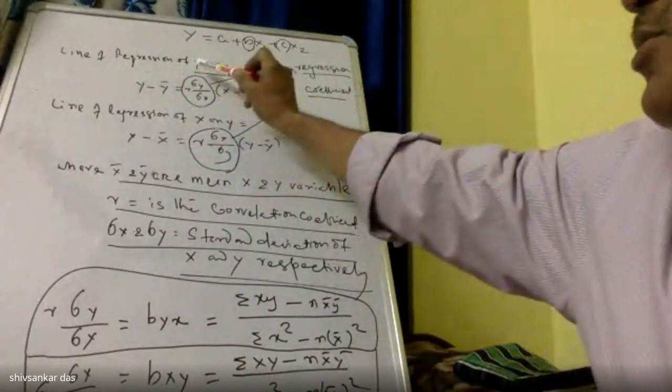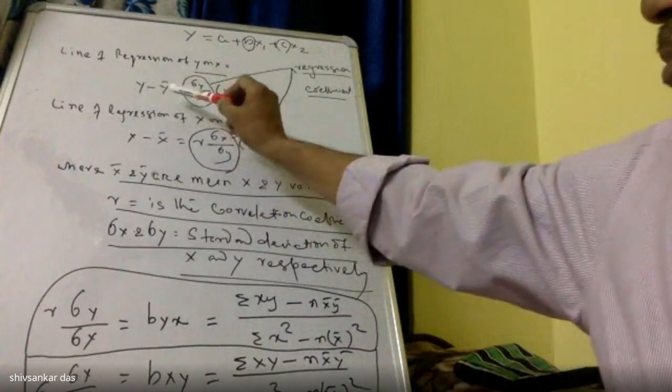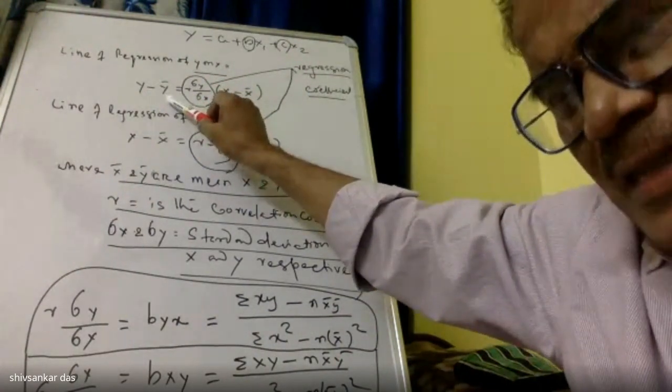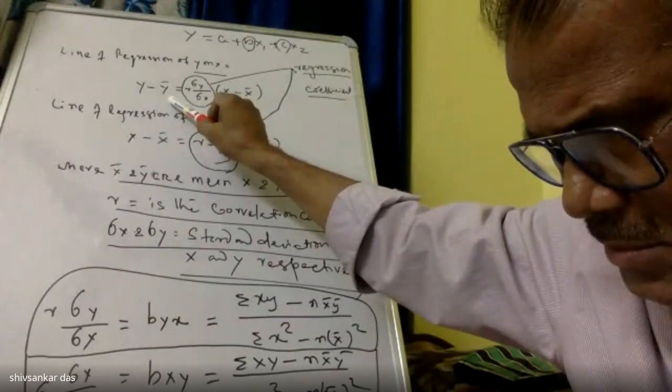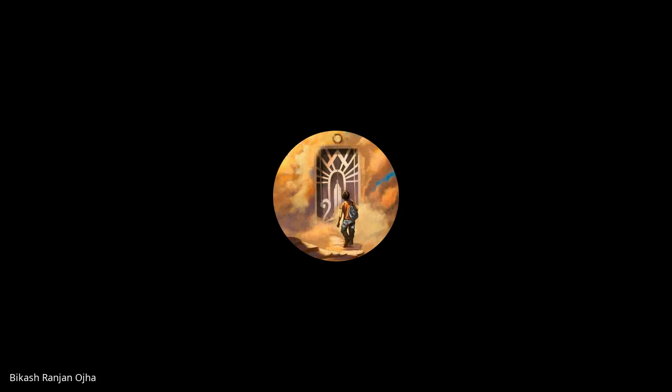Line of regression of y on x is y minus y bar. What is y bar? Sir, average, mean.